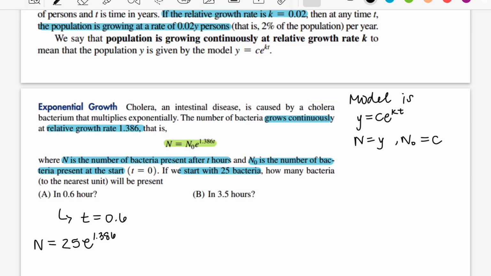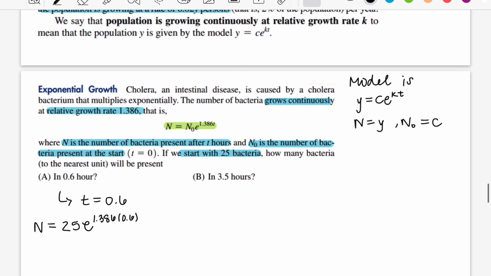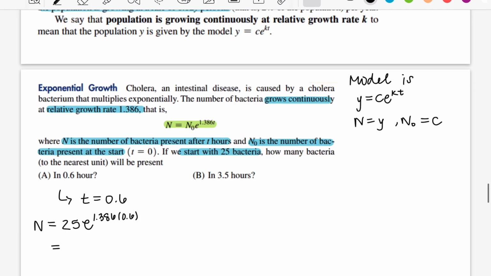And we want to figure out N after 0.6 hours, so we plug that in for t here. All right, and then plugging this into a calculator, we end up with 57 bacteria. All right, so that is the number of bacteria present after 0.6 hours.